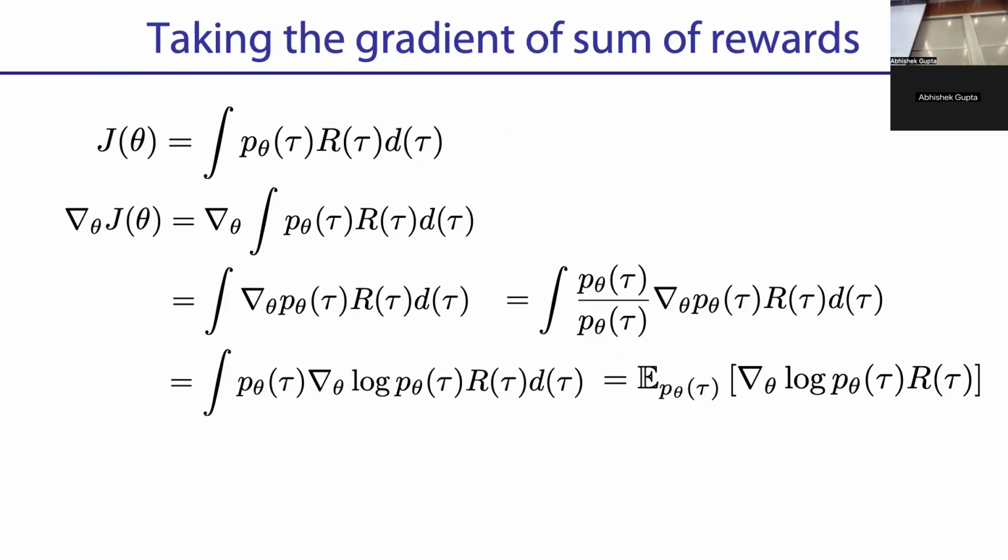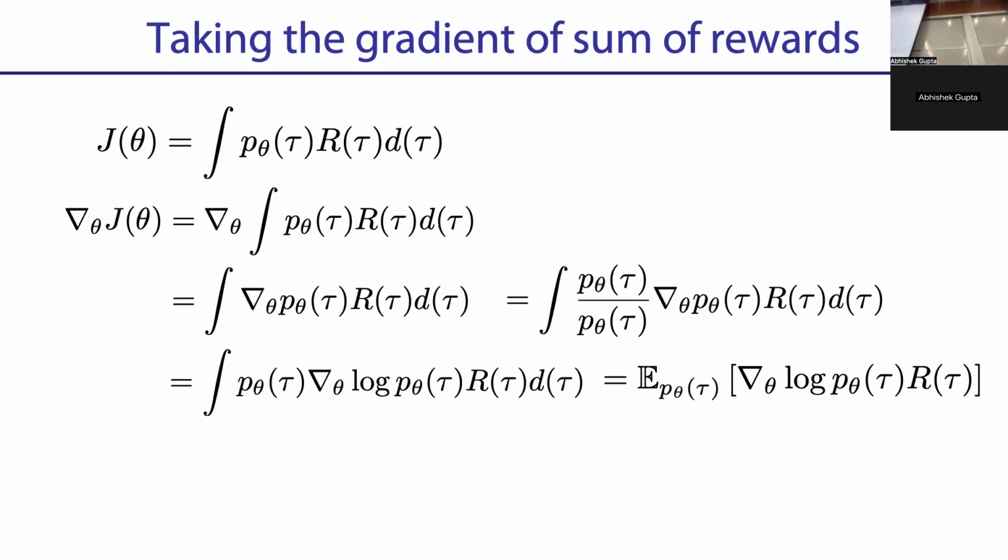All we really did is take the gradient, do some algebraic manipulation, and convert it back into an expectation. So the original objective was an expectation, and the gradient is also an expectation. The reason you want an expectation is, if you remember Monte Carlo sampling from particle filters, whenever you have an expectation, you can approximate it with samples, right?